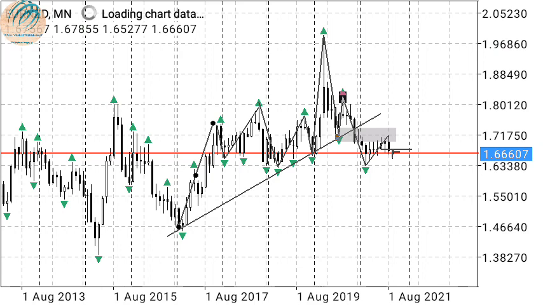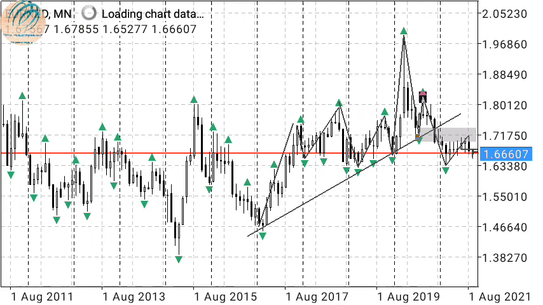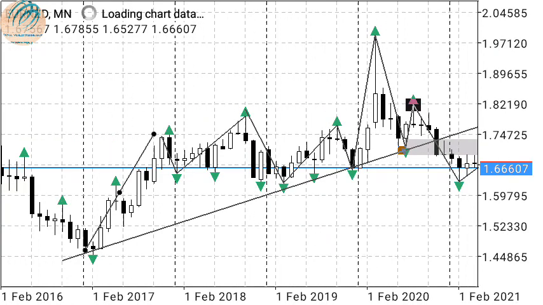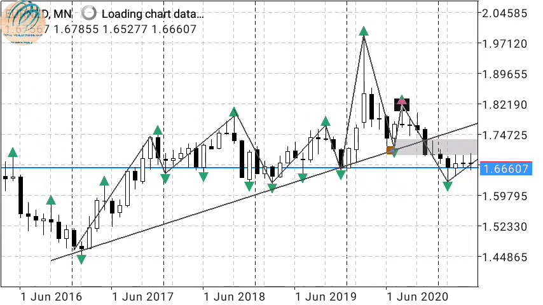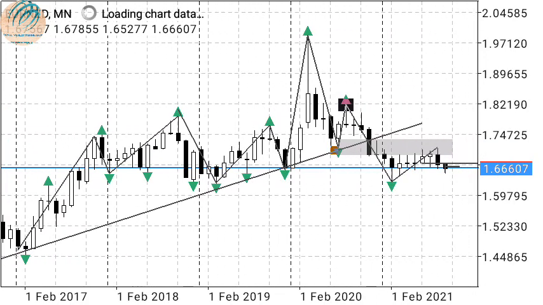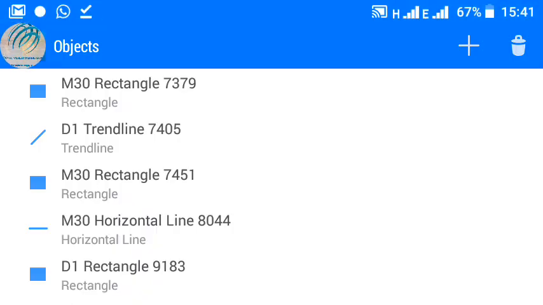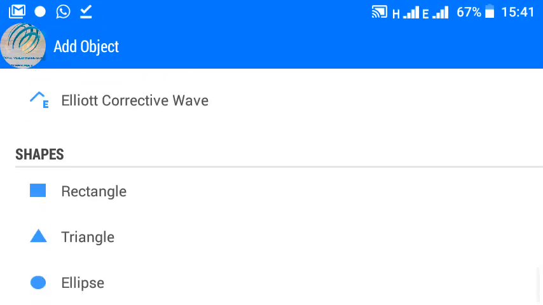So right here with us we have an interesting pair, EURNZD, and this is a monthly chart. As you can see, this is a monthly chart structure. So basically we are doing a composition of market structure videos.